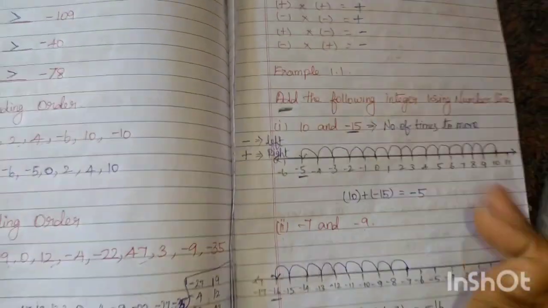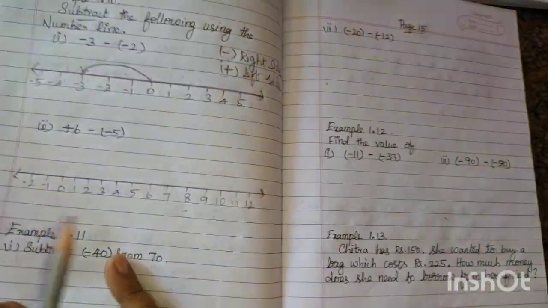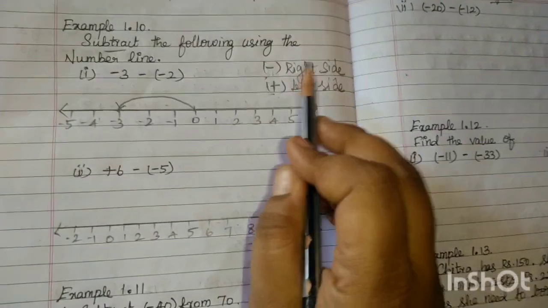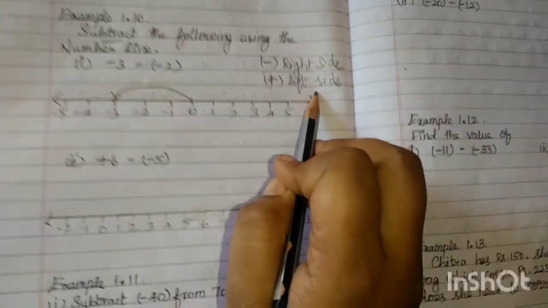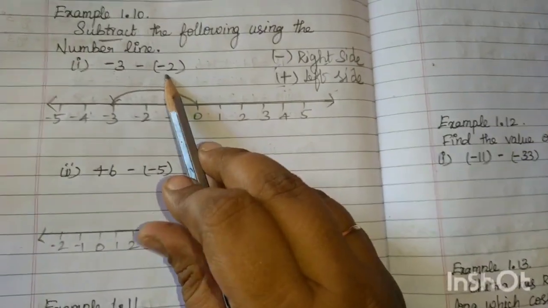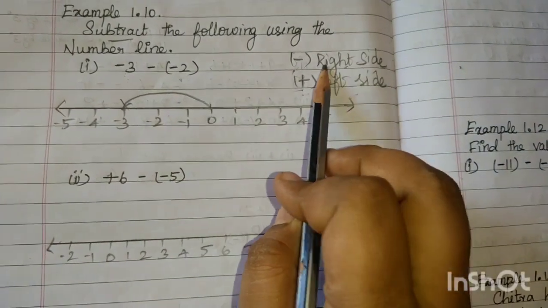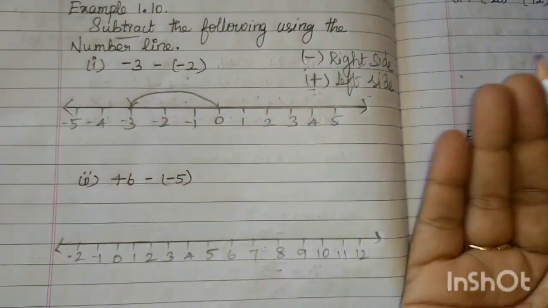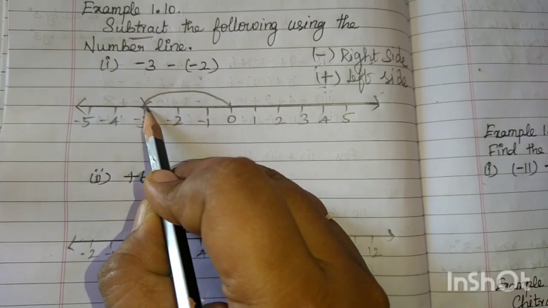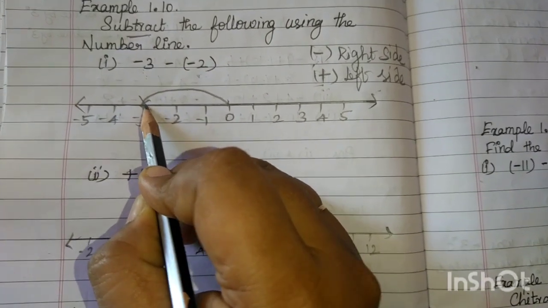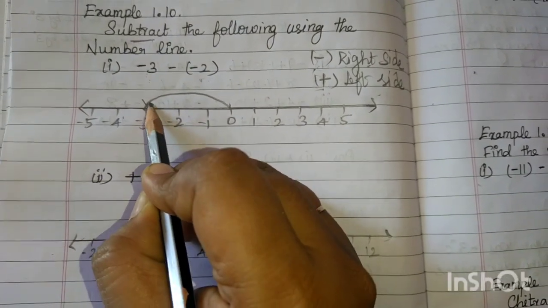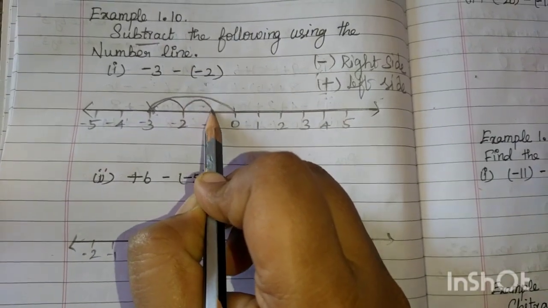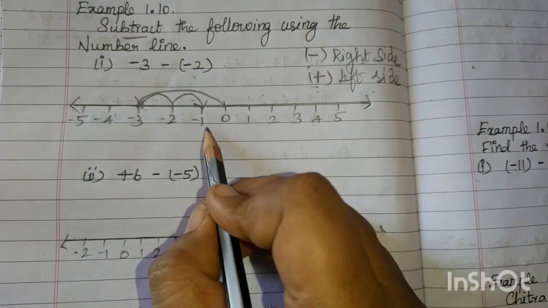This is for addition. But in subtraction, minus means right side, plus means left side. So here what number have they given? Minus 2 they given. So we want to move to the right side of minus 3, 2 times. 1, 2. Are you clear?